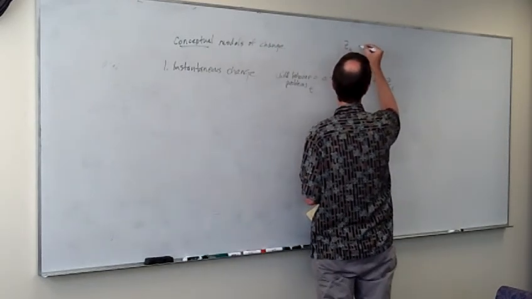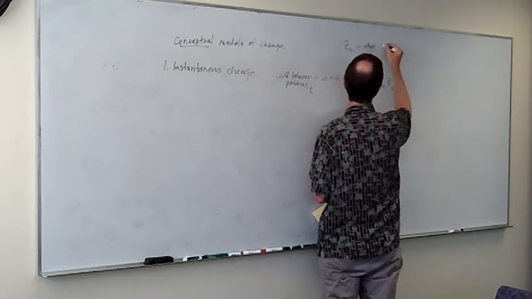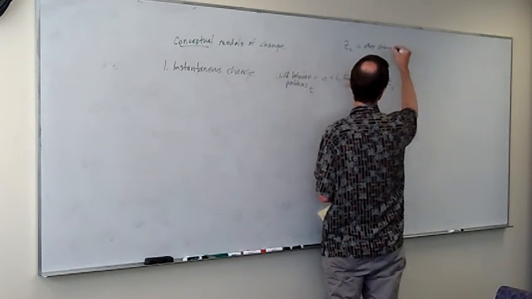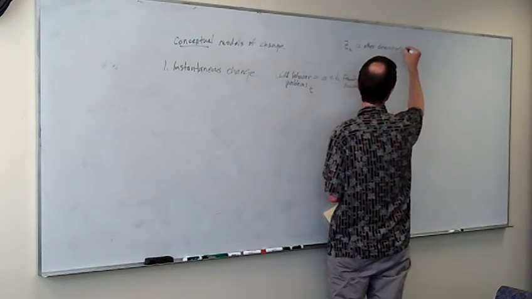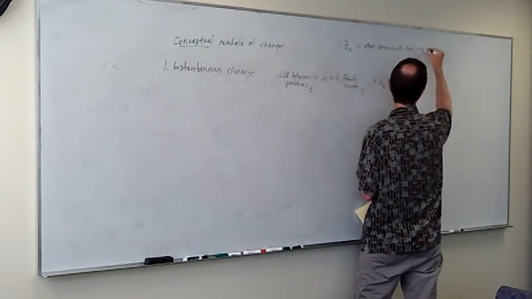So z_t is other determinants that vary with time.